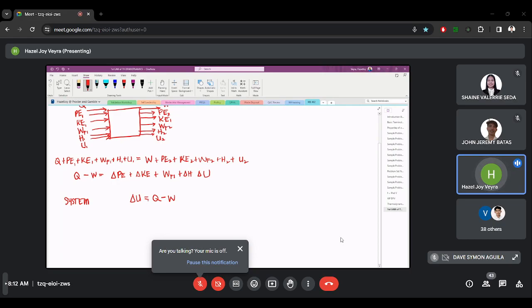Pero sometimes work is being done on the system, sometimes work is being done by the system. As well as for the heat, sometimes heat is being added, sometimes heat is being rejected. No?